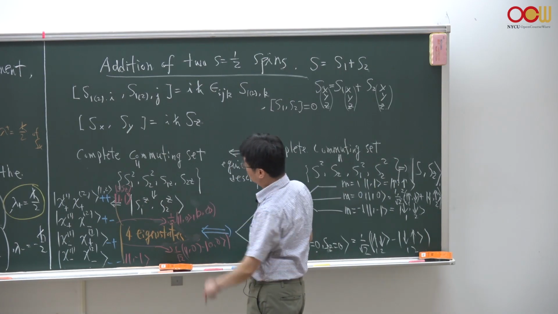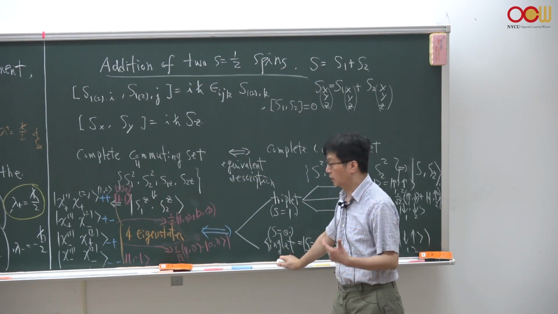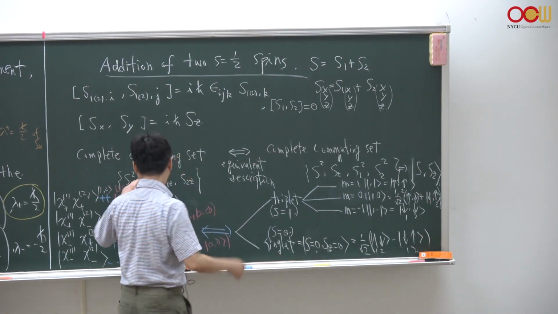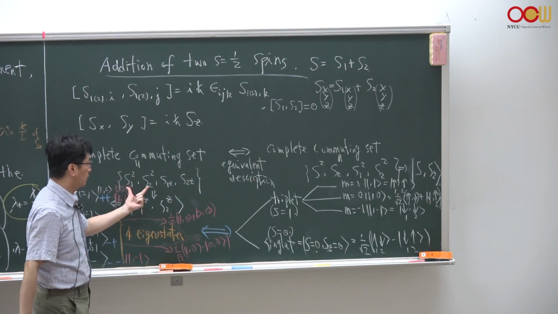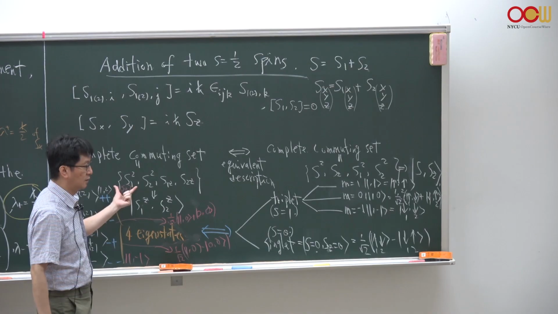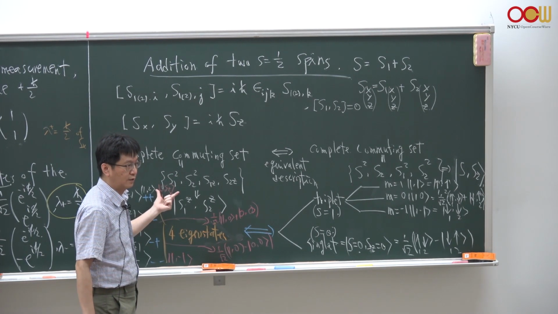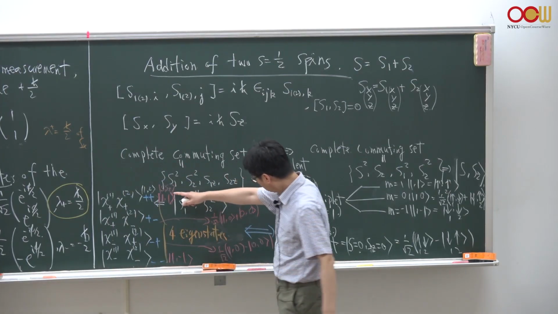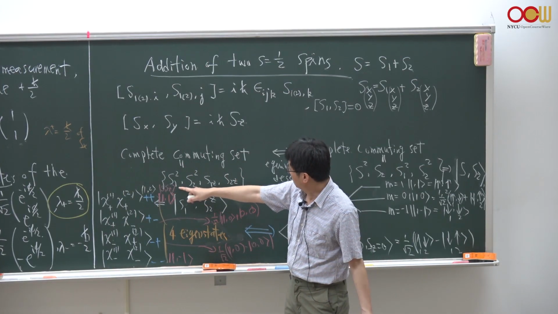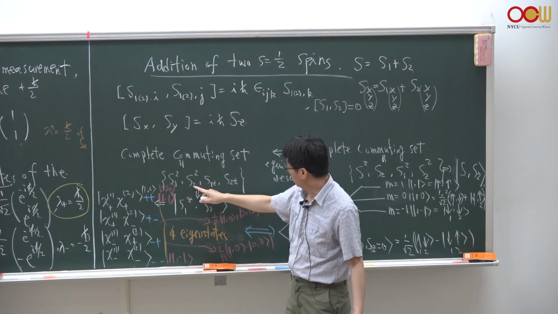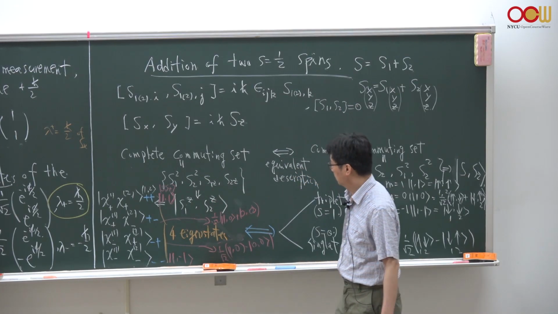Each of these two individual spin 1/2 objects, as a combined two spin 1/2 system, we can describe the system by using this complete commuting set. This commuting set consists of S1 squared, S2 squared, S1z, and S2z.